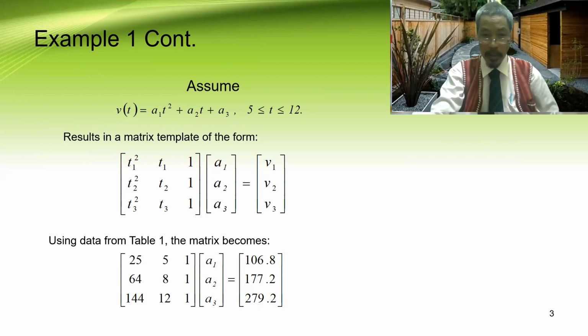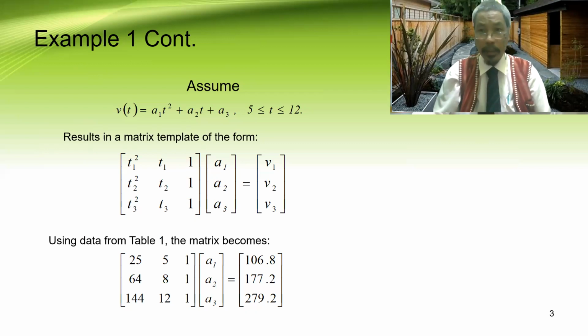And those are again the unknowns here, the variables here, because we already have the values for t. We would like to know the coefficients of the equation. So we have 3 equations, 3 unknowns.